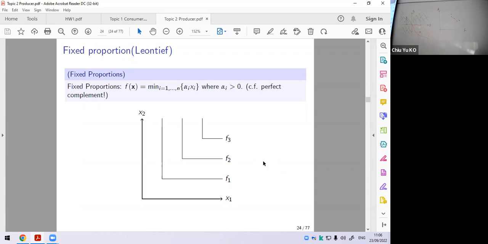You have one laptop, you're just there. Some people use a phone and an iPad, but if I give you one more iPad, probably you're not going to be more productive. So fixed proportion is a good approximation to many scenarios, because there's some limitation to production technology. It's not like you just keep putting things there and it works out.